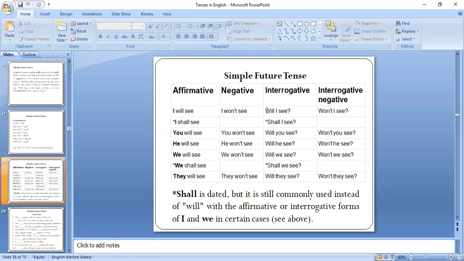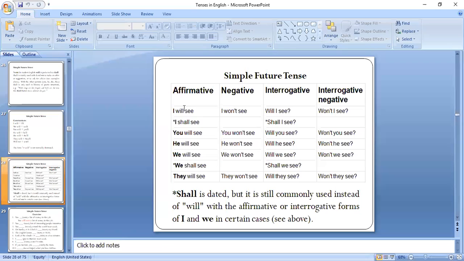Its interrogative will be will I see, and its interrogative negative will be won't I see. So these are the four types of sentences we can make out of simple future tense.